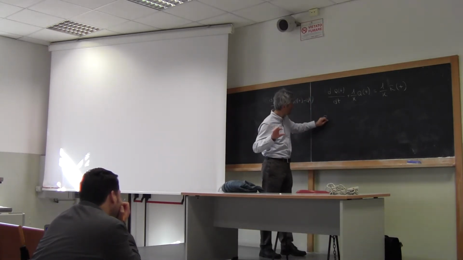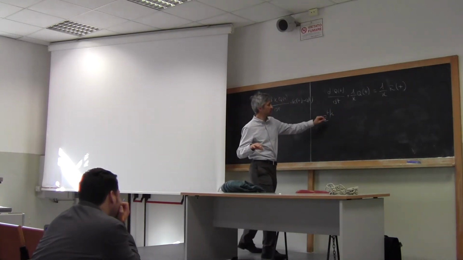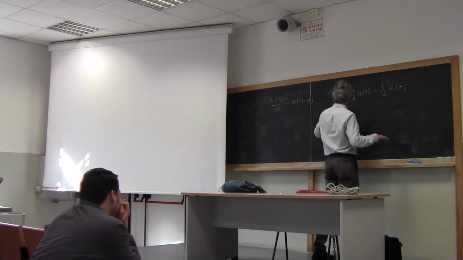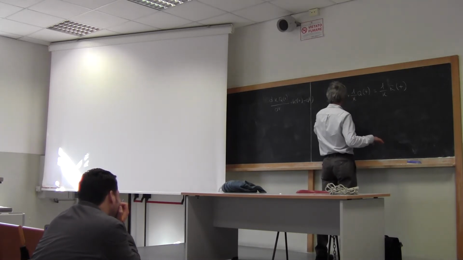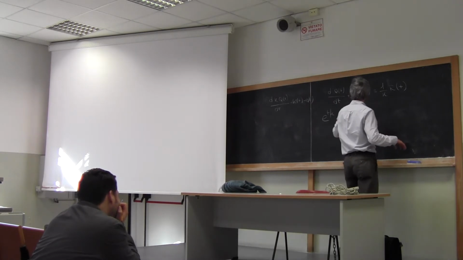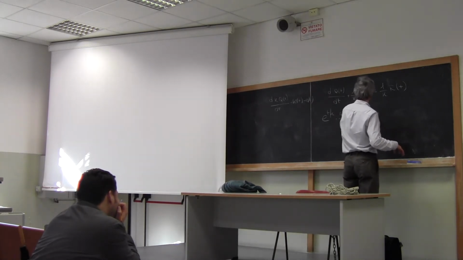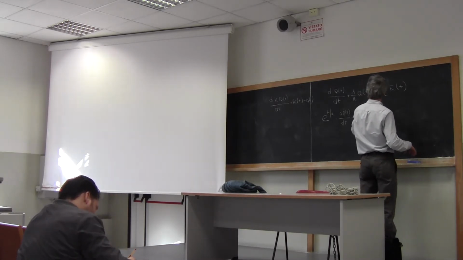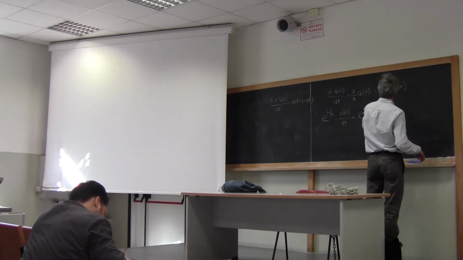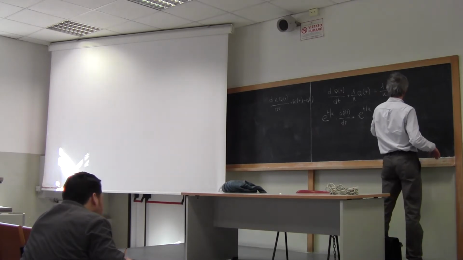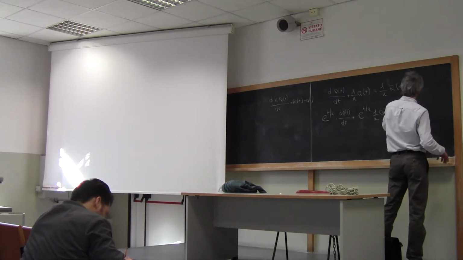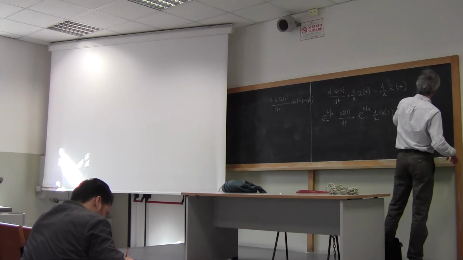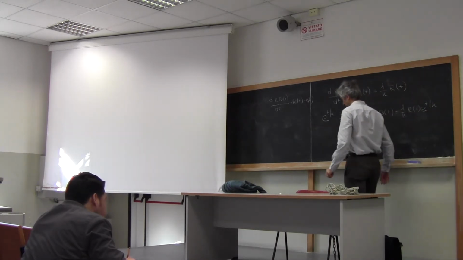So e to the power of t over k that multiplies the derivative of q(t) against time, plus e to the power of t over k that multiplies 1 over k q(t), is equal to 1 over k R(t) times e to the power of t over k.